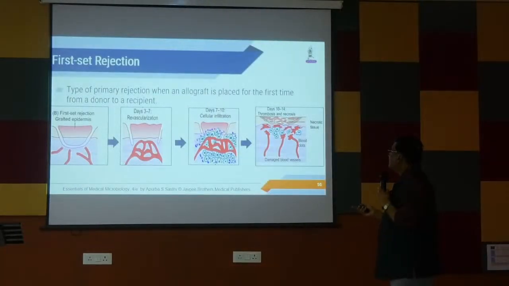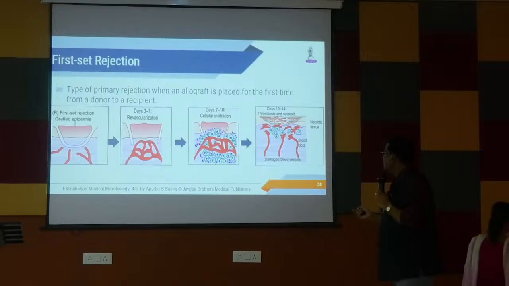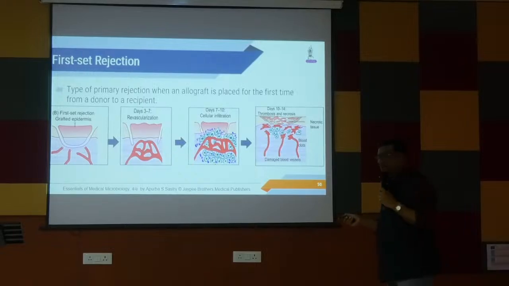Now the type of primary rejection, when an allograft is placed for the first time from a donor to a recipient. The first set of response: vascularization, then from 7 to 10 days cellular infiltration, and now tissue necrosis and thrombosis start.